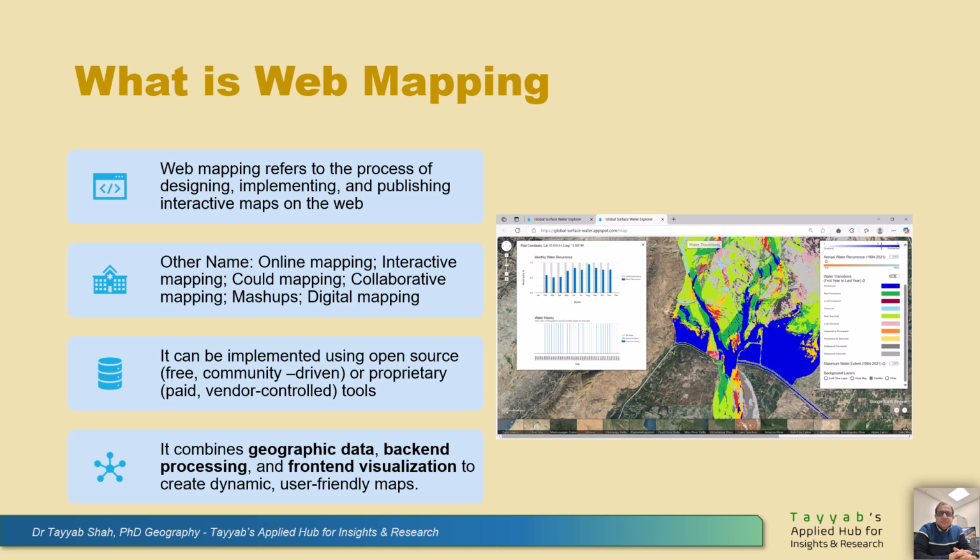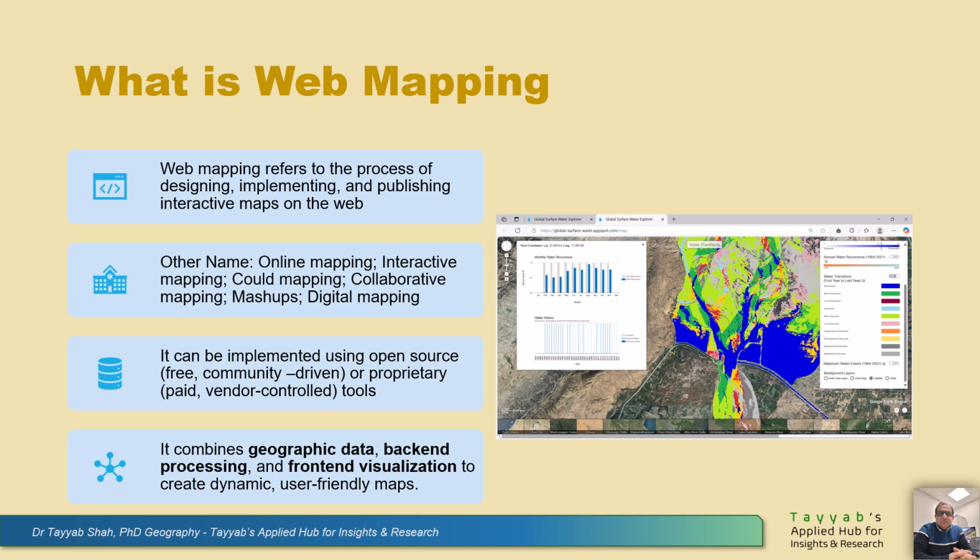So in other words, when you look at web mapping from the developer's point of view, it combines geographic data, backend processing, and front-end visualizations to create dynamic and user-friendly maps. The geographic data component is the main focus of this course, especially to understand it in relation to backend and front-end processing and visualizations.